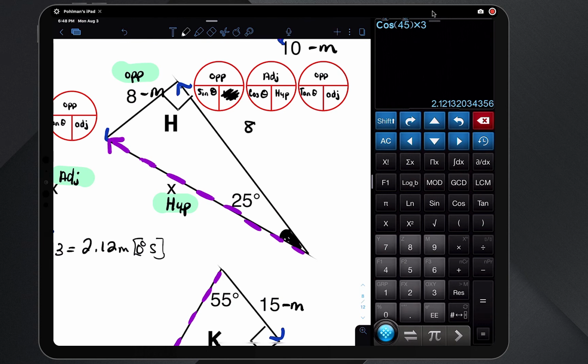So that means I'll take the opposite side, 8, divided by sine 25. So I have 8 divided by sine 25 equals, and that's going to be a value of 18.9. Now with this one, since we don't know how many degrees off of true north this would be, I'm not going to put anything down in terms of cardinal directions, okay?